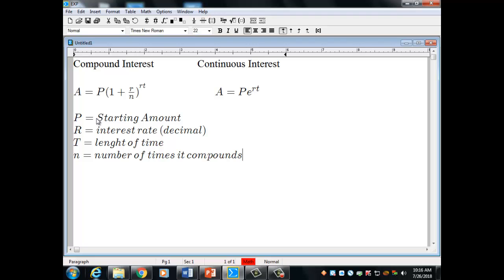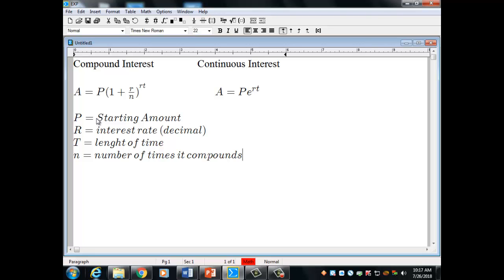Okay, so when we talk about the number of times things compound, it could compound monthly, meaning it compounds 12 times a year. It could compound quarterly, meaning it compounds 4 times a year. It could compound annually, which is what we call simple interest, which would be that it compounds 1 time.